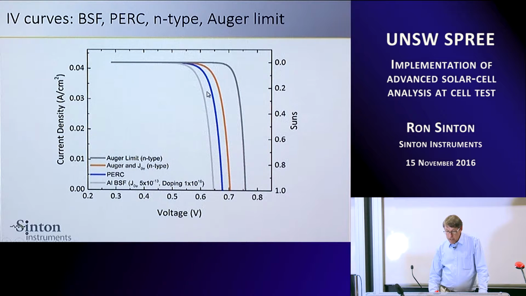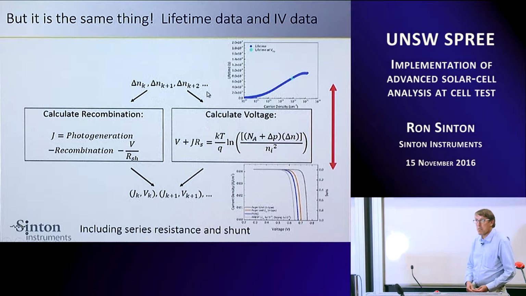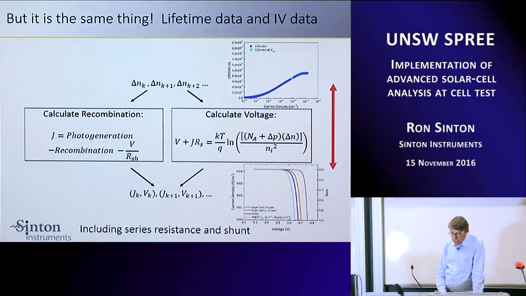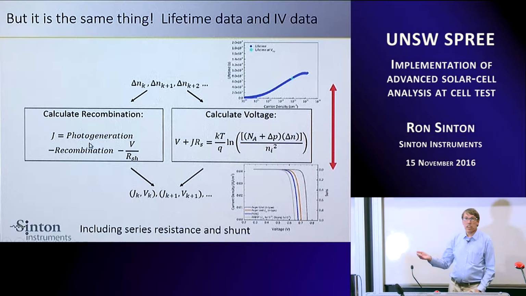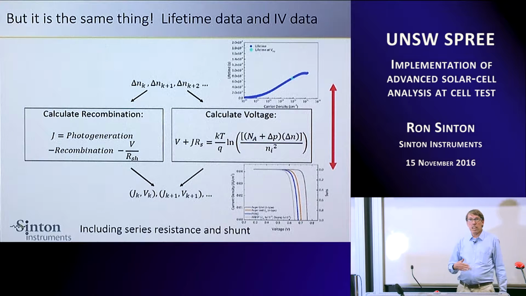But what you have to realize is that these are the same thing, the lifetime curves and the IV curves. And I illustrate this here. Up here we have the little schematic of lifetime versus carrier density. And so if you have a list of carrier densities, you can take a carrier density, calculate the lifetime, and use this to calculate recombination. And the terminal current is just going to be the photo generation minus the recombination.